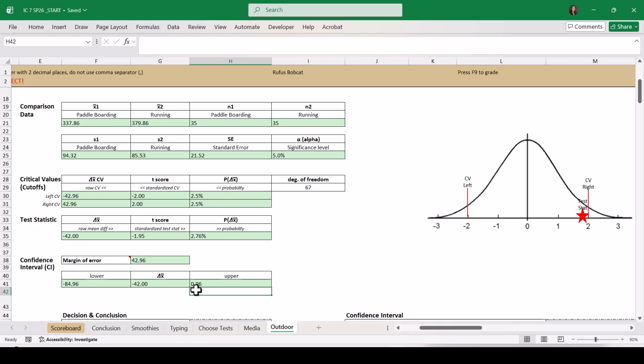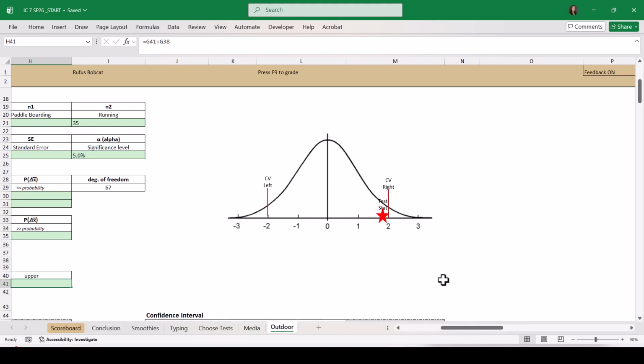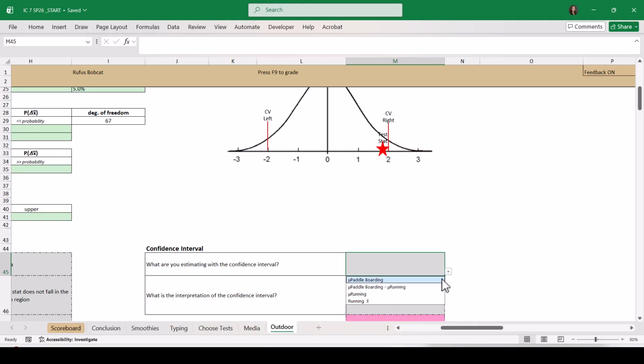So we are 95% confident that the difference between paddleboarding and running is anywhere between about negative 85 calories to almost 1 calorie, the difference between the two groups. Again, we are estimating the population mean difference.